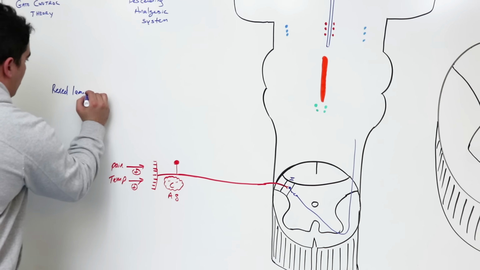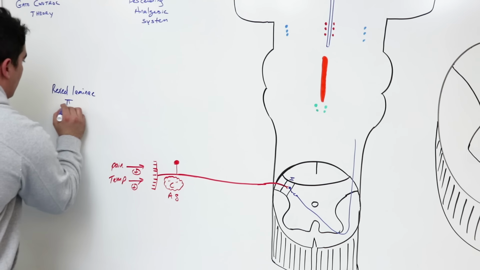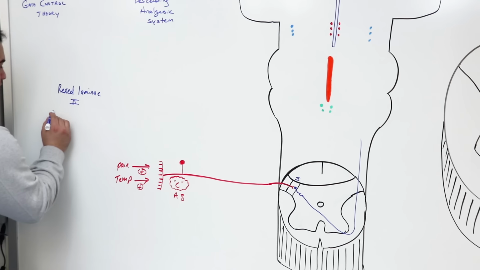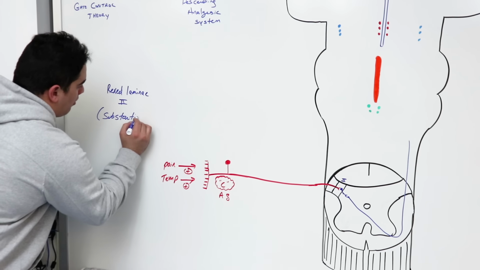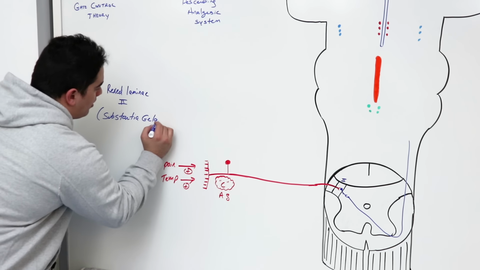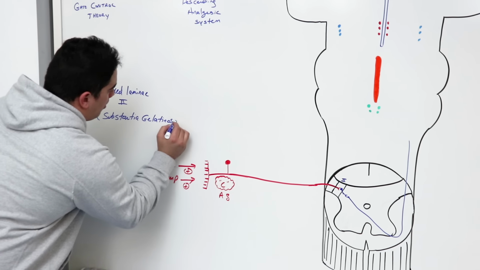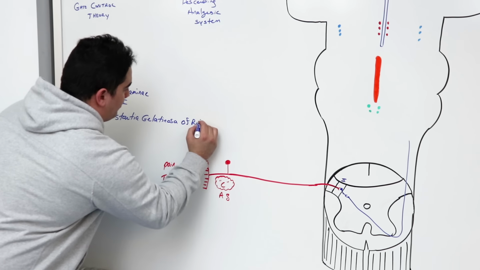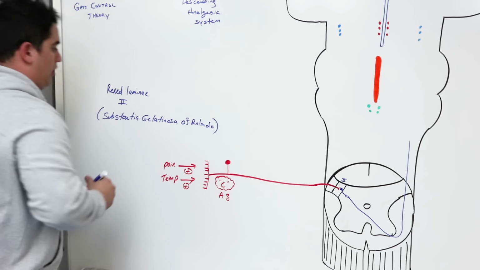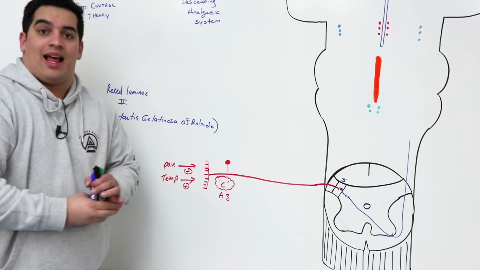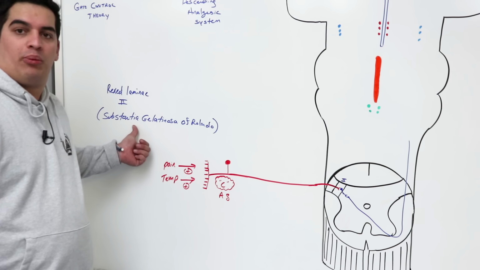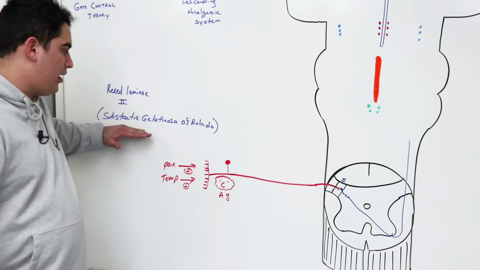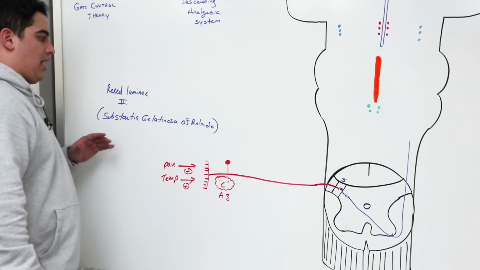They call this the substantia gelatinosa of Rolando. Holy crap. There's also the nucleus proprius, which is in Rexed lamina 3. But the main one here is the substantia gelatinosa of Rolando.